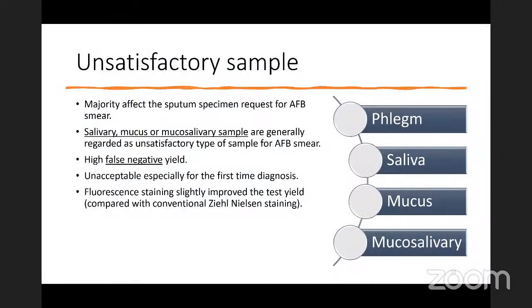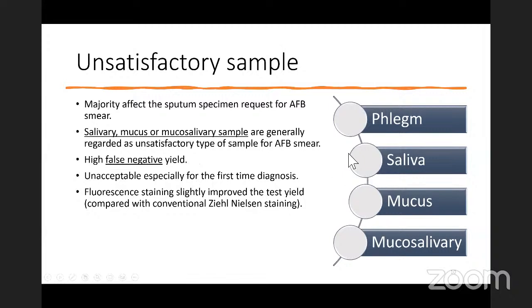Okay, for the unsatisfactory sample, this mainly affects sputum specimen requests for AFB smear, in which the lab will receive mostly a salivary sample, which is generally regarded as an unsatisfactory type of sample for the purpose of this test, because it causes a very high false negative yield.